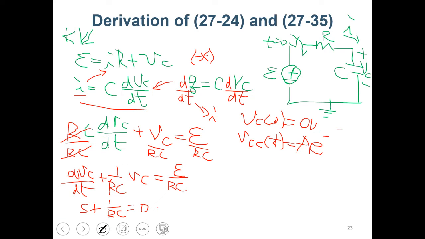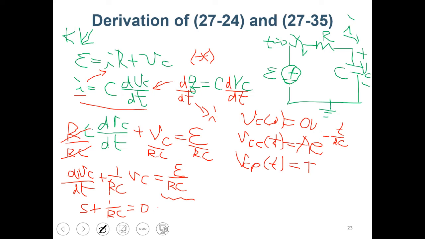Exponential to minus t over RC. So we have this term, and then next we assume Vcp, the particular solution, is a constant, because the right-hand side is a constant, which is a zero order polynomial.